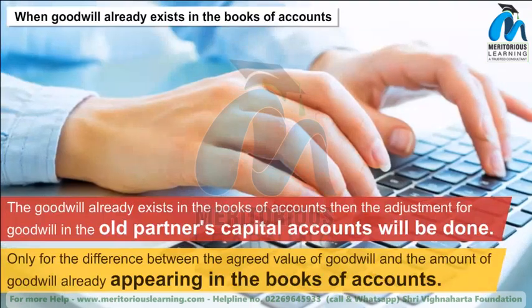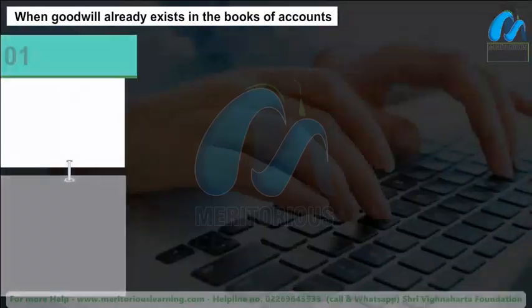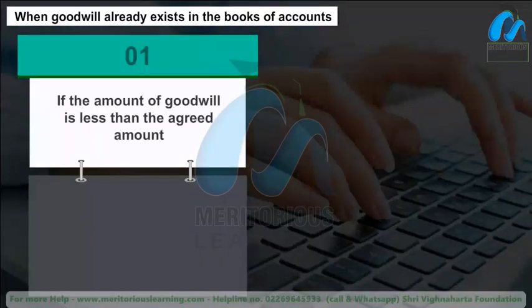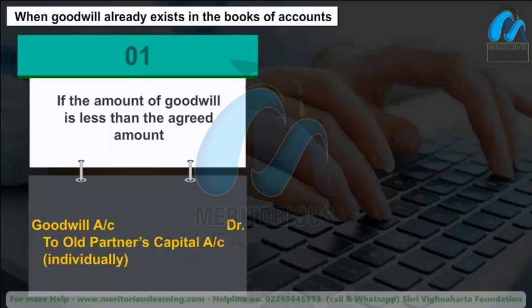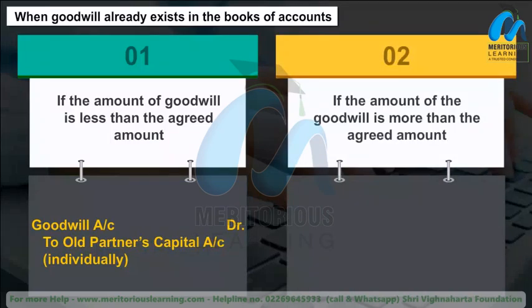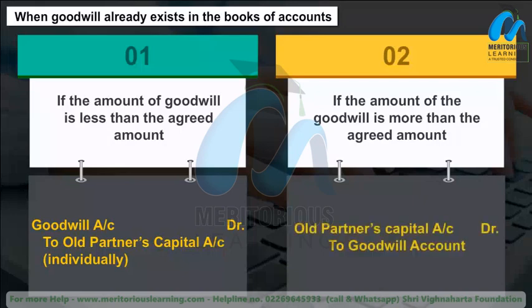There may be two conditions of journal entry. If the amount of goodwill is less than the agreed amount, goodwill account debit to old partners' capital account. If the amount of goodwill is more than the agreed amount, old partners' capital account debit to goodwill account.